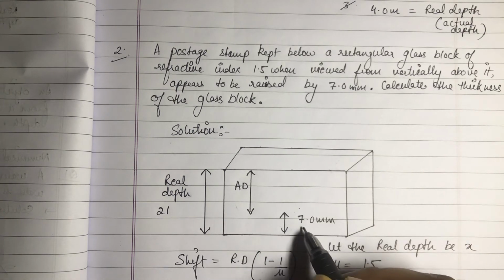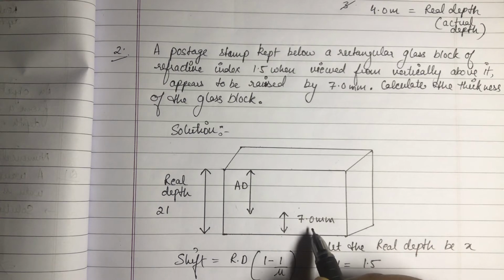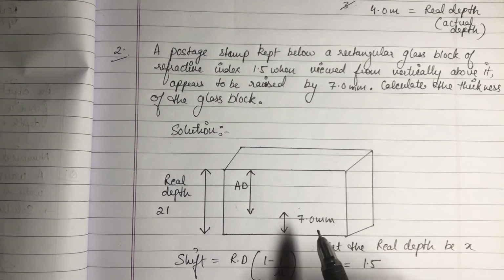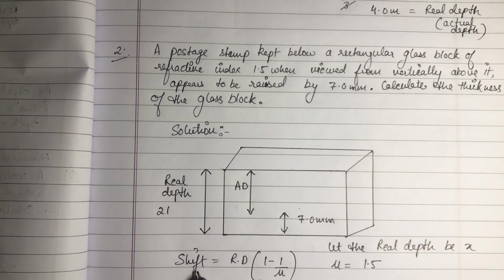It has risen by 7 millimeter. 7 millimeter is the shift, and we know the formula: shift equals real depth into 1 minus 1 upon refractive index. We have to calculate the real depth, so let the real depth be x. Shift is 7.